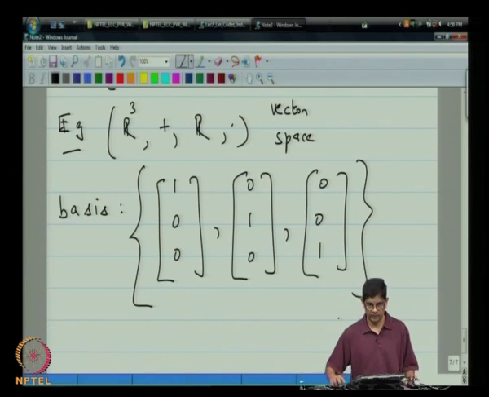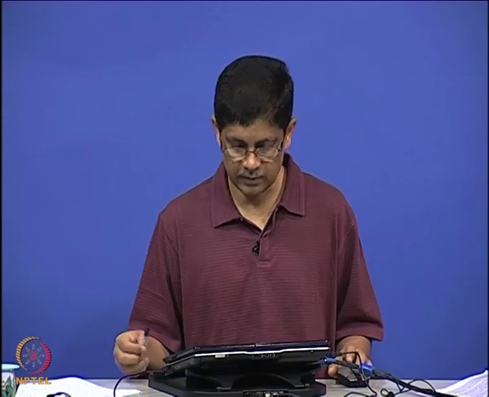And it does not take much effort to actually see that this collection of vectors is linearly independent, and then further it spans the space, simply because you can express any vector in 3-dimensional space as a linear combination of these. Okay. So, this clearly is a basis.